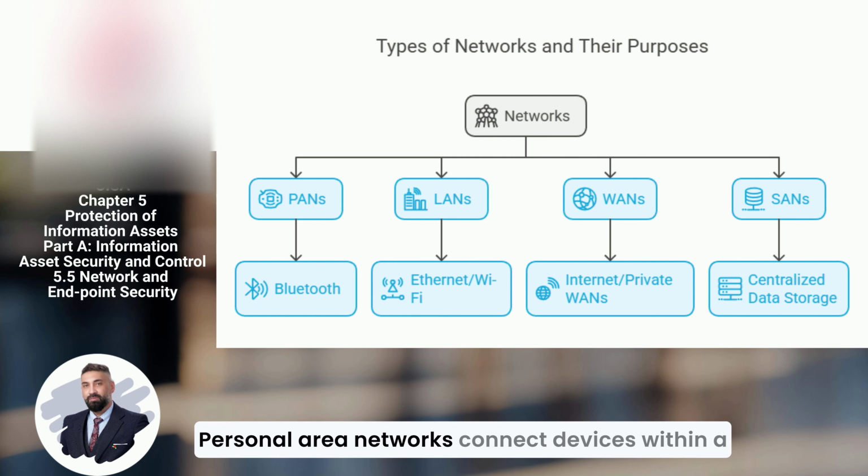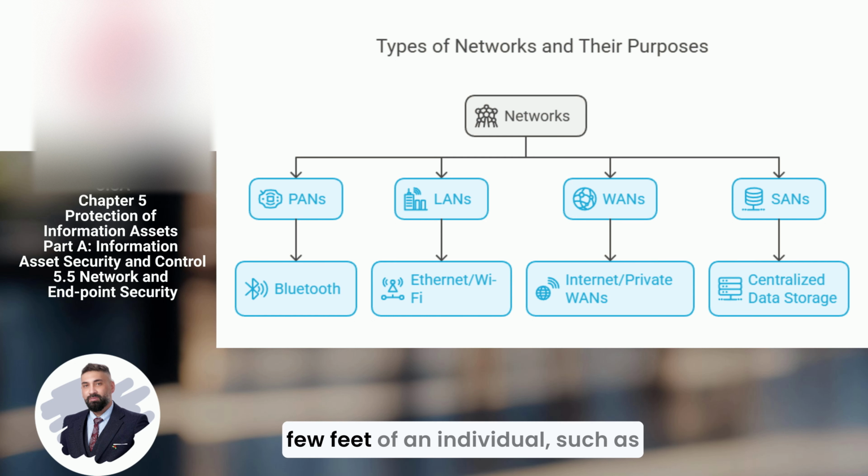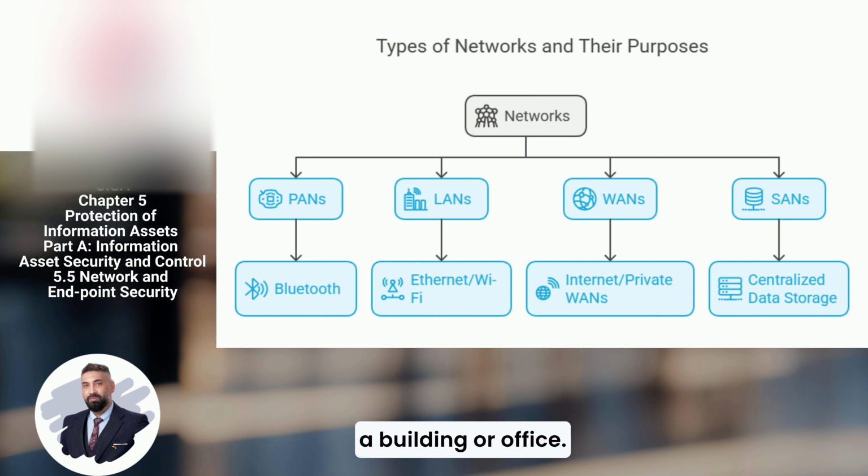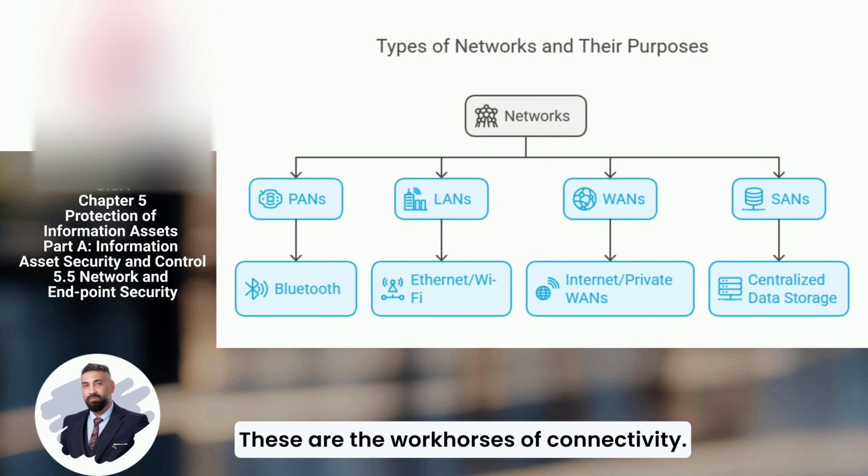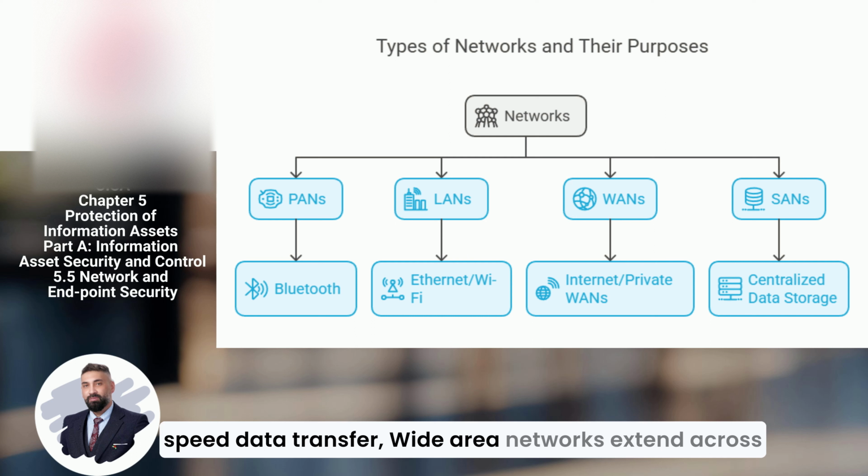Personal area networks, PANs, connect devices within a few feet of an individual, such as a smartphone and a smartwatch. They rely on technologies like Bluetooth for short-range communication. Local area networks, LANs, typically cover a building or office. These are the workhorses of connectivity, powered by Ethernet or Wi-Fi for high-speed data transfer. Wide area networks, WANs, extend across cities or even countries, connecting multiple LANs.